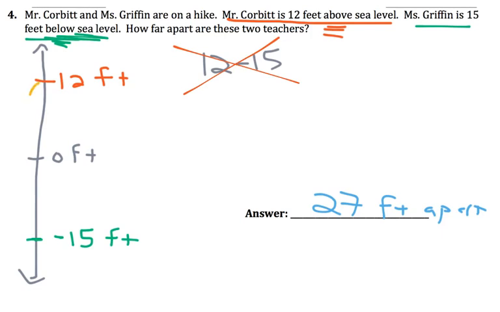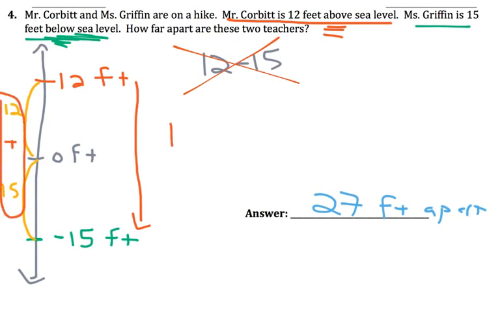12 is exactly 12 feet away from 0. So that would be 12. And negative 15 is exactly 15 feet from 0. So in total, if Mr. Corbett wanted to walk from here all the way down here, he would have to go a total of 12 plus 15, which is the same as 27 feet apart.